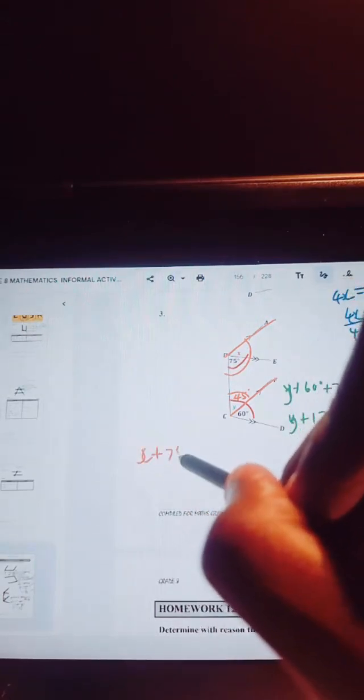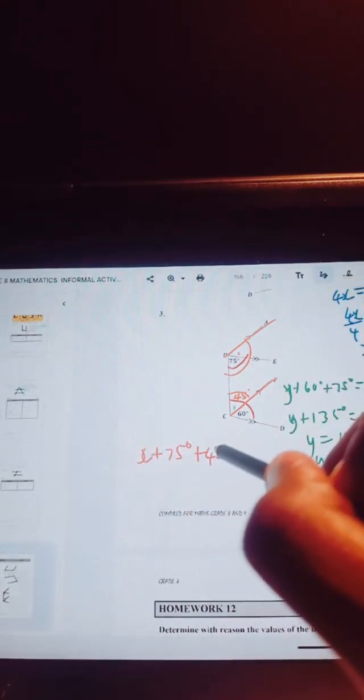Then x, where we can see x in light of that angle. These two lines are parallel, so we know what y is. That y is 45. So if we say x plus 75 degrees plus the 45 degrees, that should give us 180.